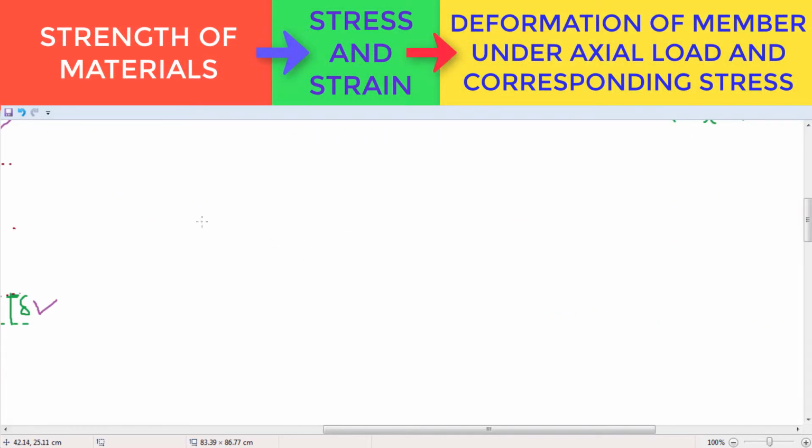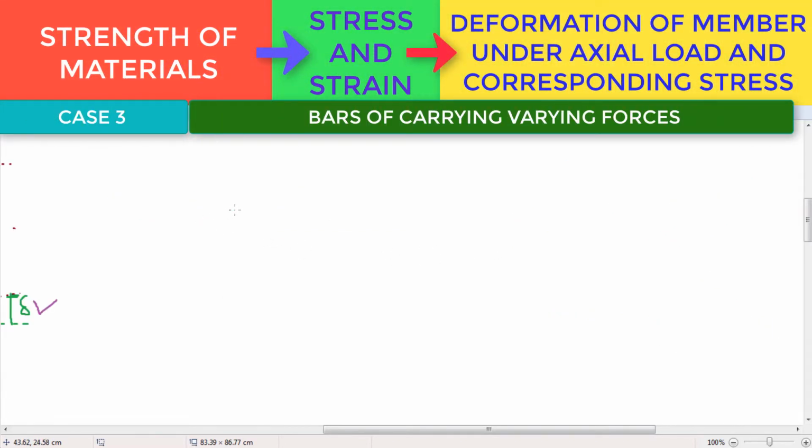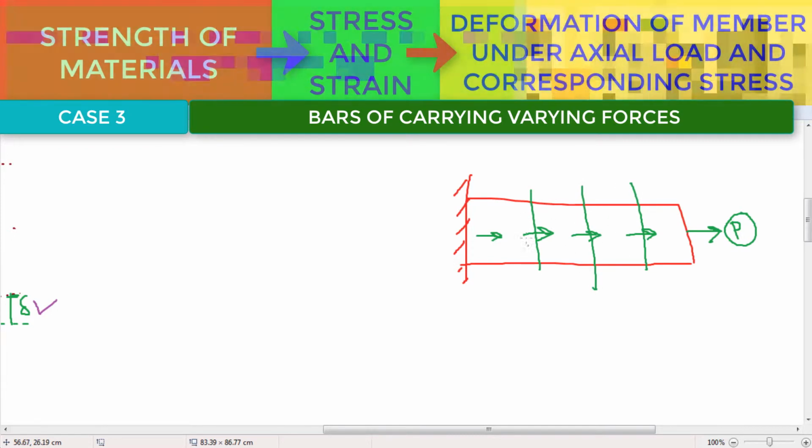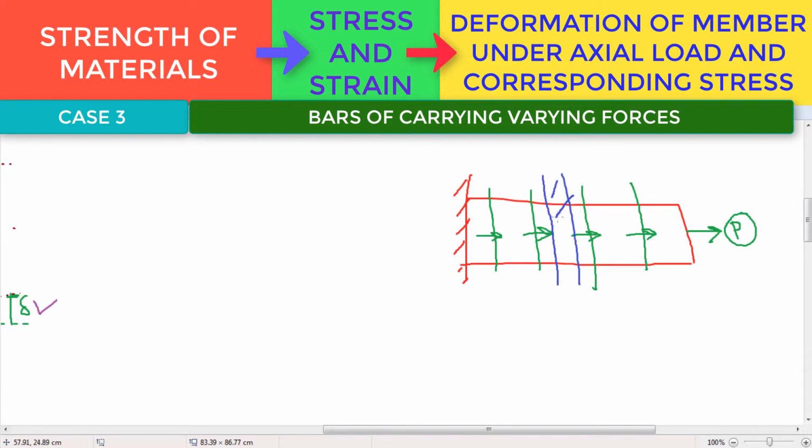Now we discuss bars carrying varying forces. So the diagram is like this. From this diagram we see that there are different values of force on different sections of this body. For this case, consider a small strip dx on this body, at distance x from the free end.